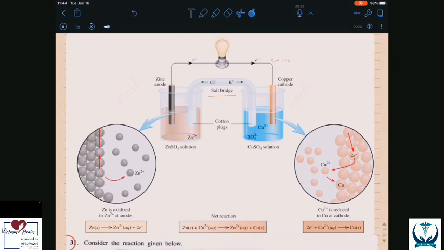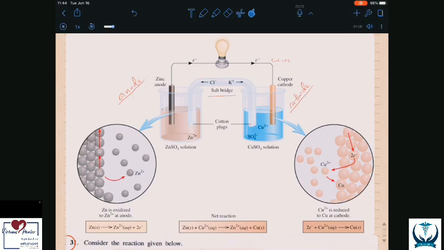When you connect two electrodes like this, when one of the electrodes is more reactive than the other, then that electrode will subject itself to oxidation, and therefore that electrode is the anode, and the other electrode will take up the electrons that are released by the first electrode, and it will become the cathode because it takes up the electrons and is subject to reduction.